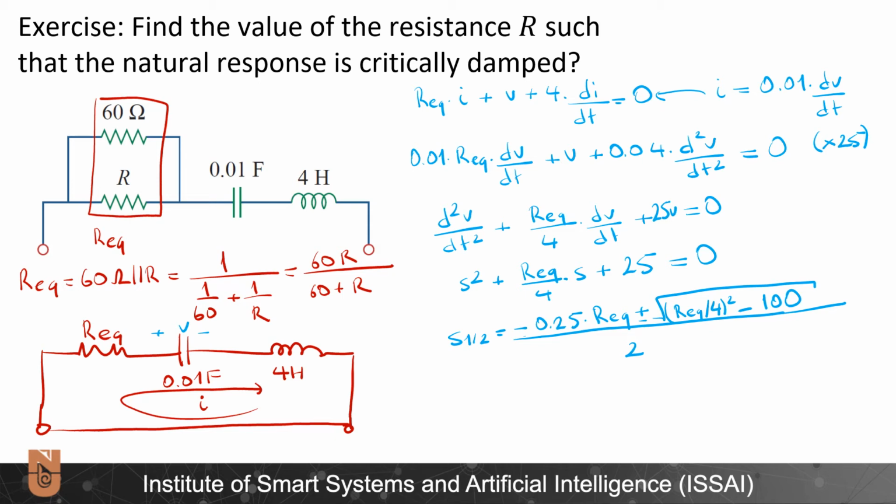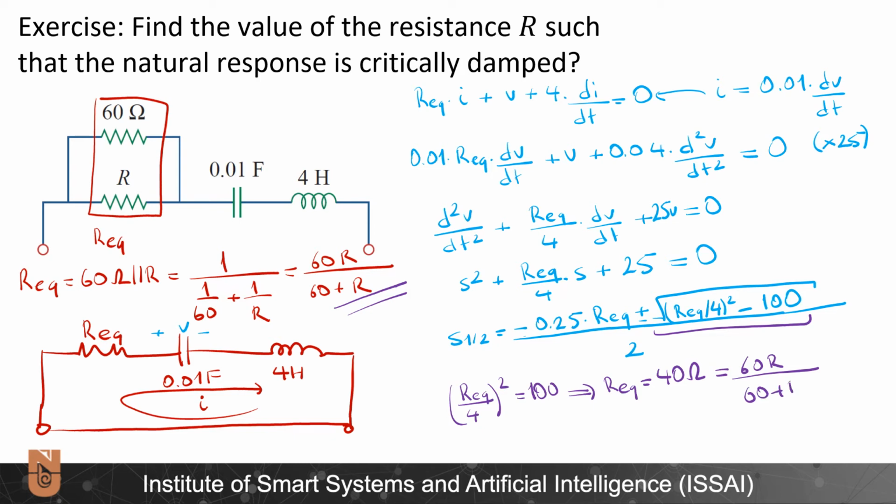For critically damped response, I need to have this determinant part equal to 0, so accordingly I have (R equivalent divided by 4) squared equal to 100. From here I get R equivalent is equal to 40 ohms, and I have this equal to 60R divided by 60 plus R, so 2400 plus 40R is equal to 60R, and R becomes equal to 120 ohms.